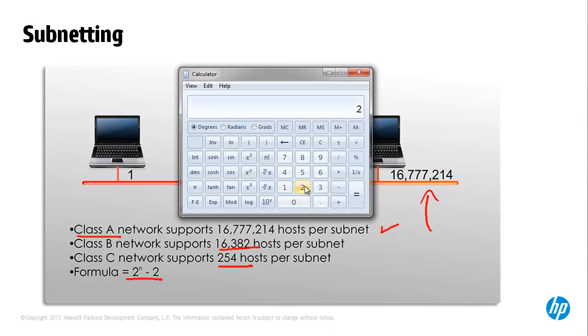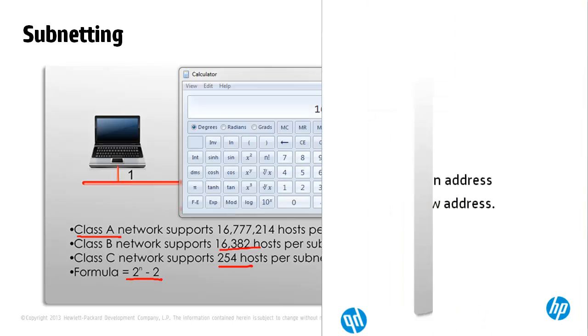So 2 to the power of 24, in other words, the host portion, equals 16 million, minus 2 for the network and the broadcast address equals this value. That's the number of hosts supported on a Class A network. But in reality, once again, that would never work. So it's important that you understand subnetting, and I'm hoping that this video will help you for both the real world and for study purposes.